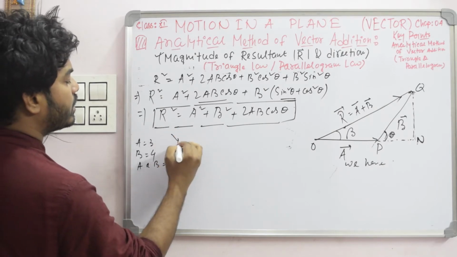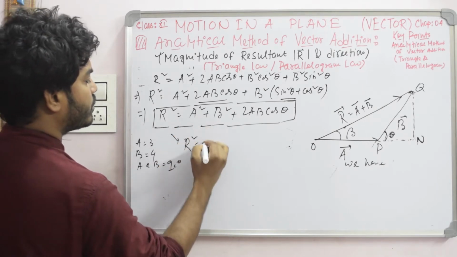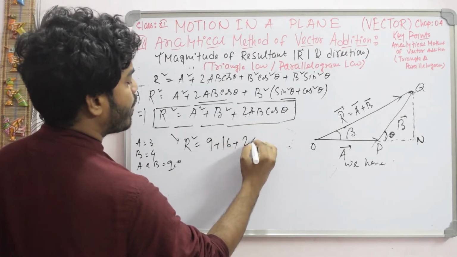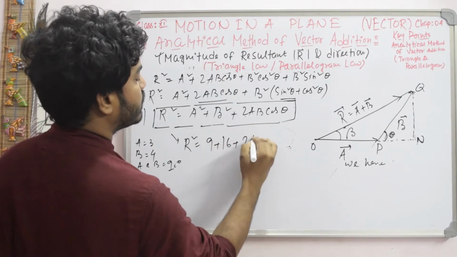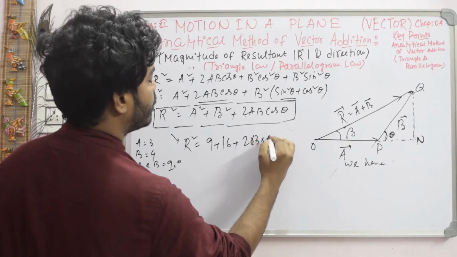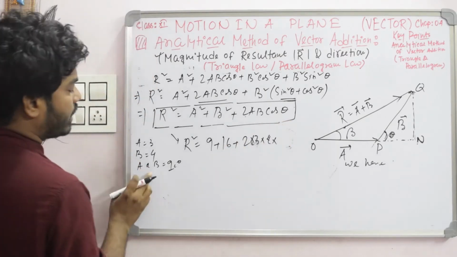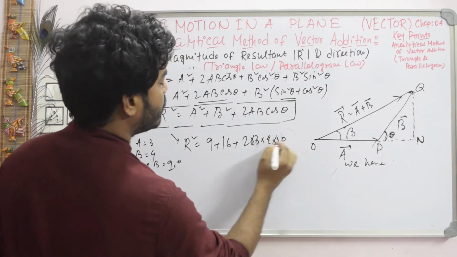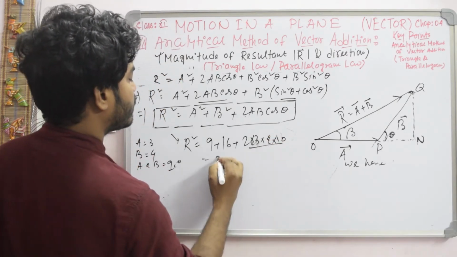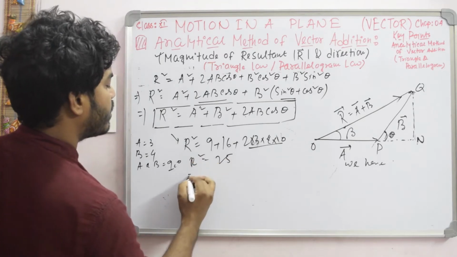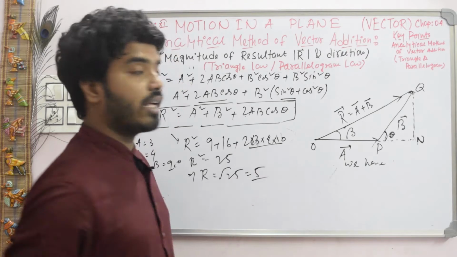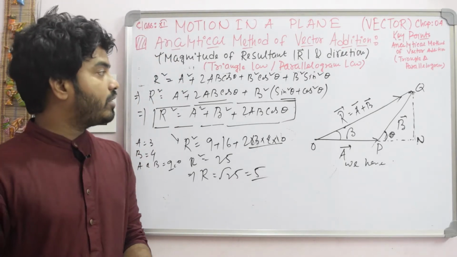Now find R squared, that is equal to 3 squared, 9, plus 4 squared, that is 16, plus 2AB, this is 3 into 4 into cos of the given angle, 90 degrees. You know the value of cos 90 is 0, so this part becomes 0, so this is 25. R squared is equal to 25, so the value of R is root under 25, that is 5. This is the answer.